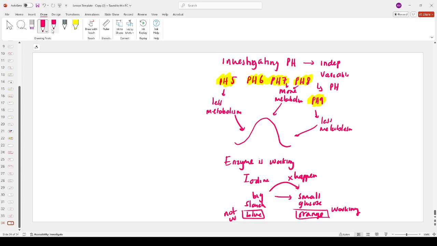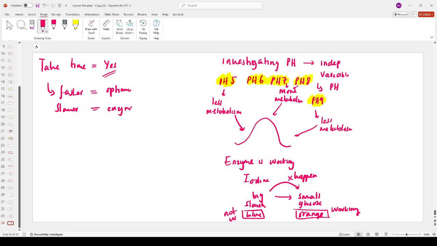Okay, so does this enzyme change take time? The answer is yes, it does. Would it be fair for me to say the faster something works, the more optimum it is, and the slower the change, the lower the enzyme activity?